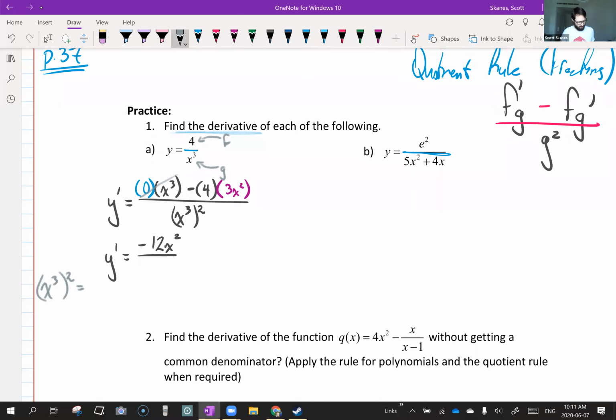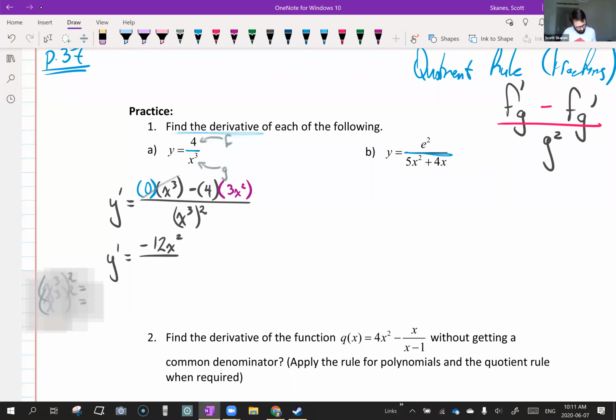X to the power of 6, because when it has a power, remember that it's not addition, because that was if they're multiplied. This is a power. This is just a multiply, which is indeed x to the power of 6. So just be careful. A lot of students say it's 3 squared, which it's not. It's just 3 times 2. Okay, so this is x to the power of 6.